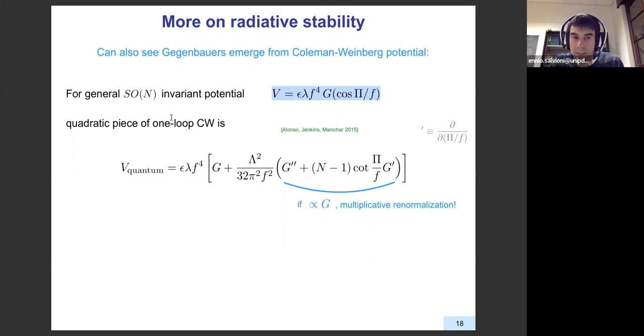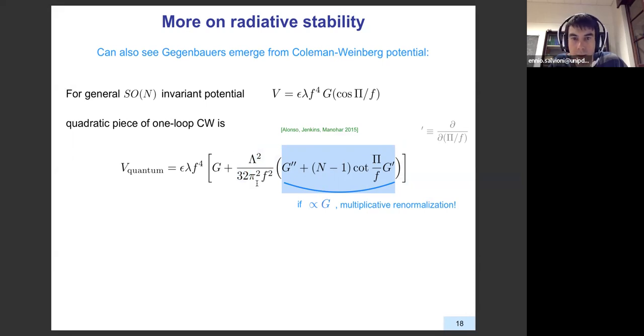and I look at the quadratic piece of the one-loop Coleman-Weinberg, then I get this expression. This is the original potential, and this is what the leading correction looks like. You can calculate this in the standard way using, for example, methods in these papers by Manohar and collaborators. And what you find is a correction of this type. This tells us that if this term here were proportional to G, to the function itself, then we would have a multiplicative renormalization at this level.